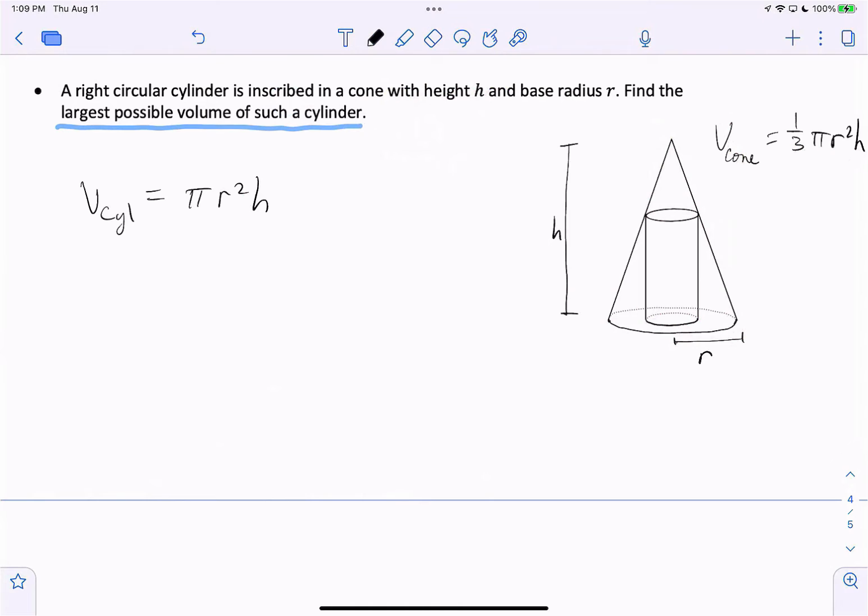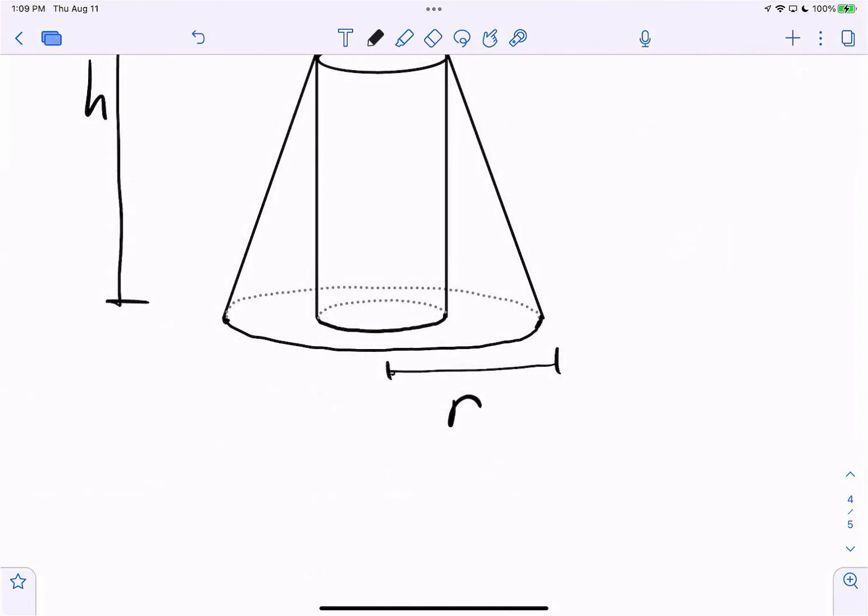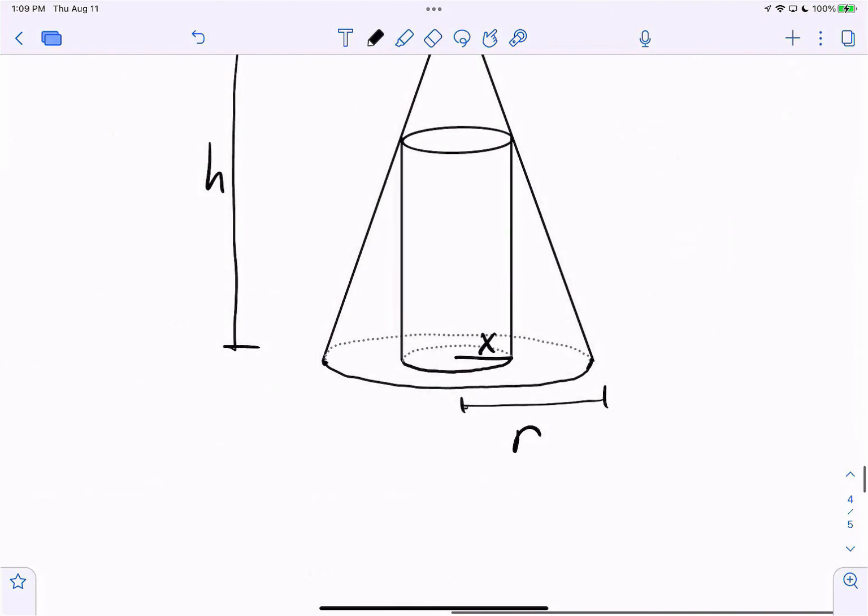Back to what we're looking at. Folks, I wrote this down as volume of the cylinder is pi r squared h, but I don't want there to be any confusion. This r squared and h can't possibly be this r and this h, because clearly the cylinder has dimensions that are smaller than the cone. Let's label those dimensions for the cylinder. I'm going to say that the radius of the cylinder is x, and the height of the cylinder is y.